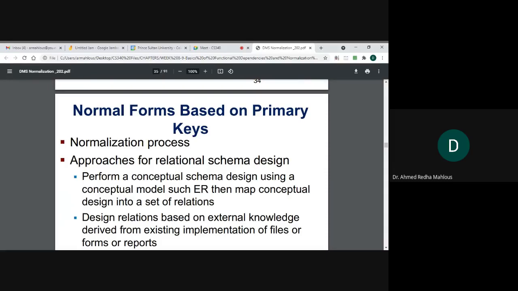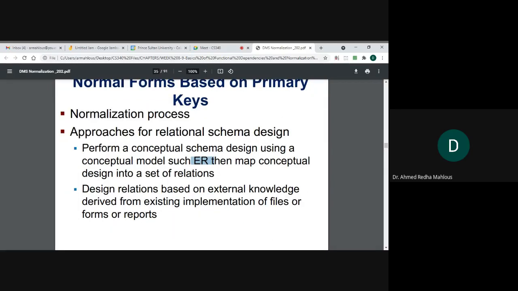We said that we do the conceptual schema design, after we do the mapping on the ER. Then we define, in the functional dependency, a relation schema. As you remember, we can do it from an ER diagram, or you do your design based on something extracted from a file or a form or report.